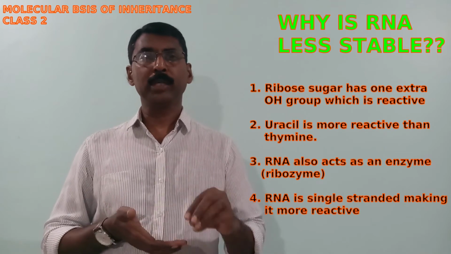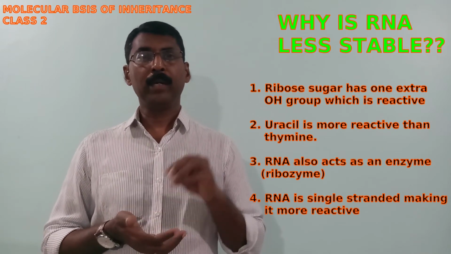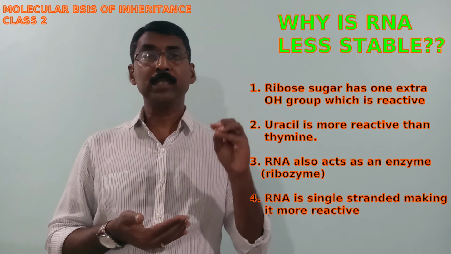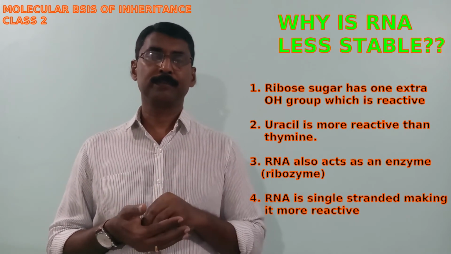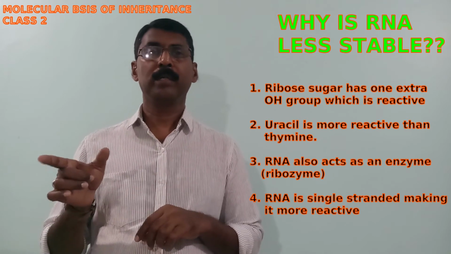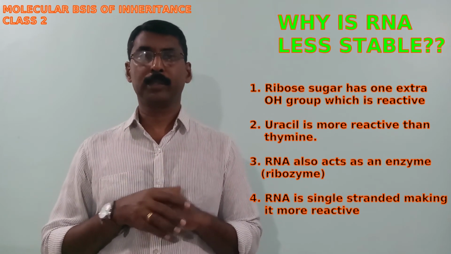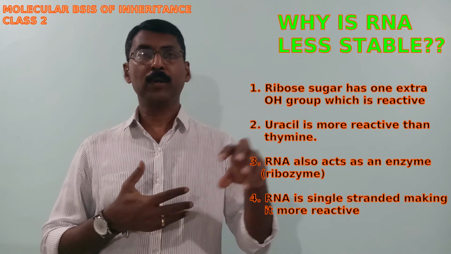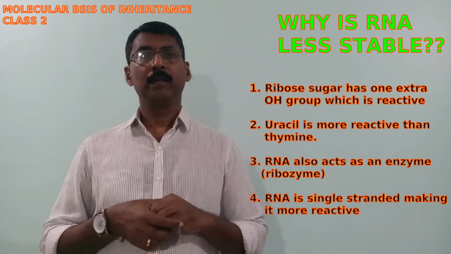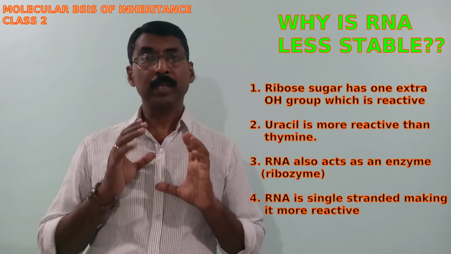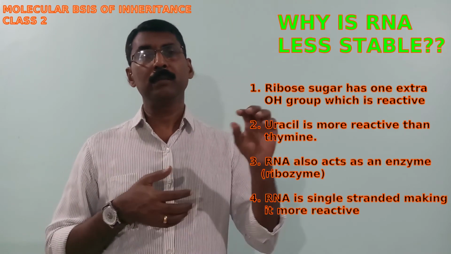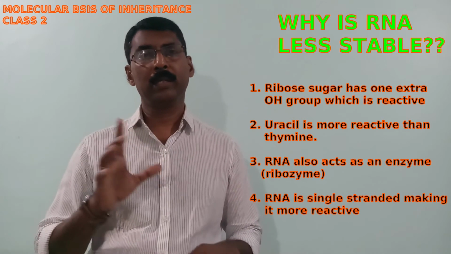And in ribose sugar, one OH group is excess than in the deoxyribose sugar. And this OH group involves in chemical reactions, and thereby RNA is more reactive than DNA.